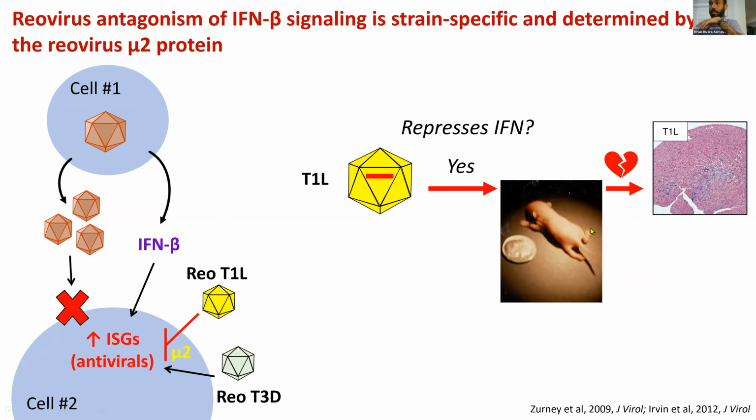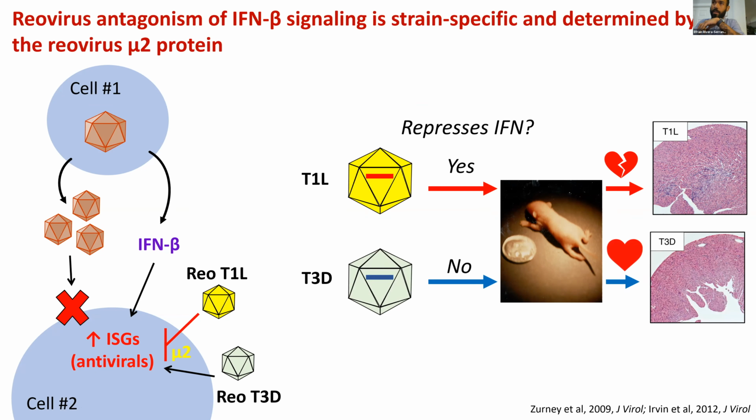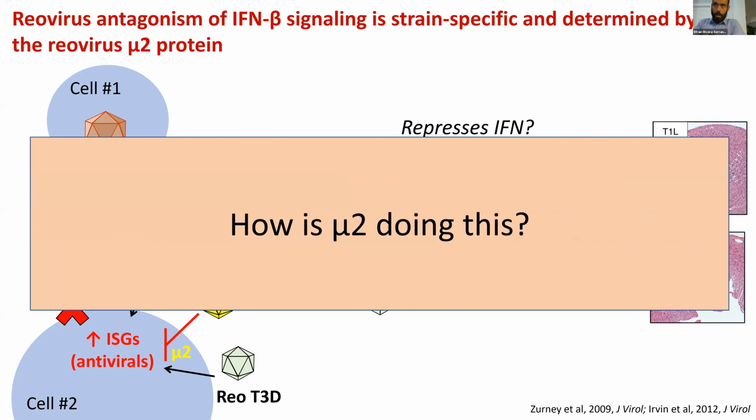So that virus is able to cause myocarditis. Now the green virus cannot, this alarm system is actually working well and blocking the replication, so the virus cannot cause cardiac damage. And this is all related to a single protein in the virus, called mu2, that determines this.